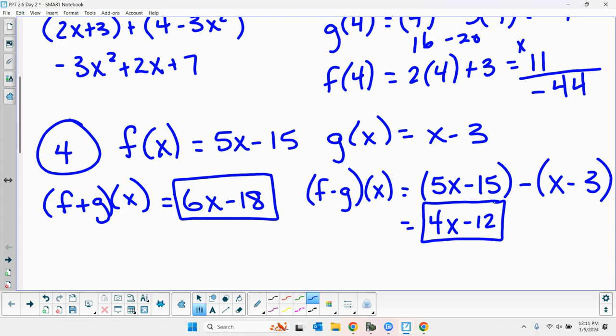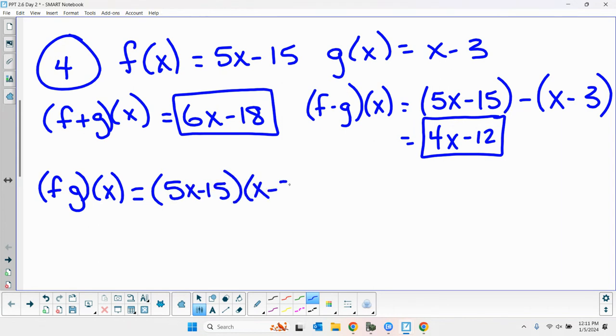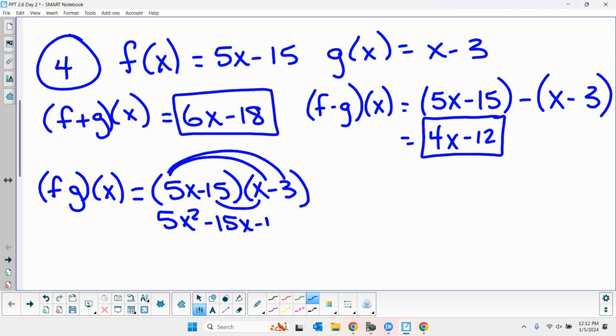Okay? Now we're supposed to do f times g. Which means we just FOIL it. So first, 5x squared, outside negative 15x, inside negative 15x, last plus 45.